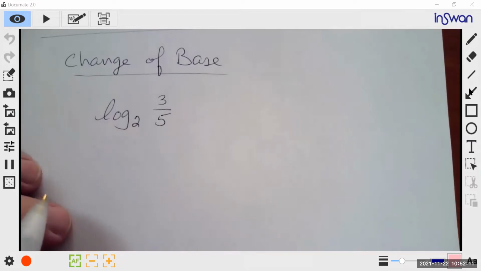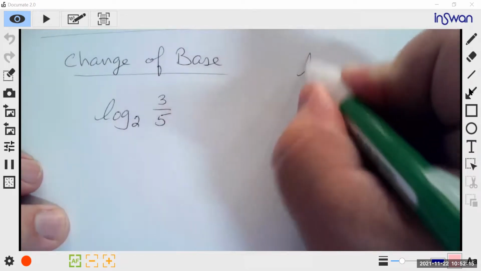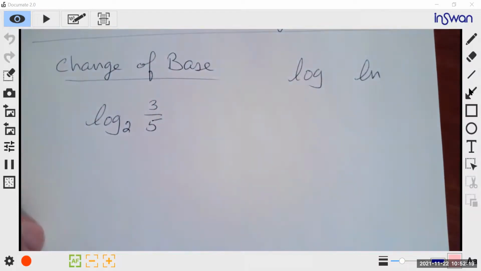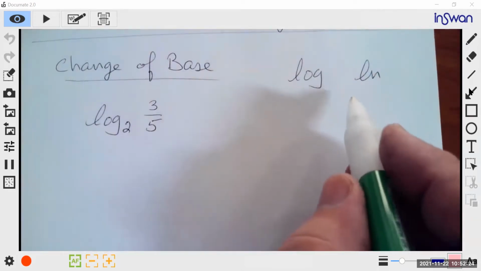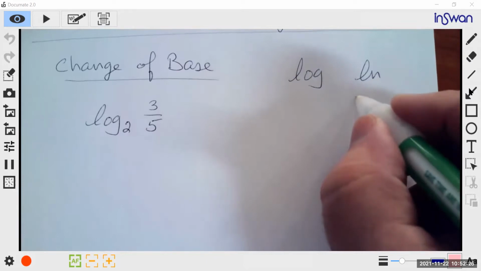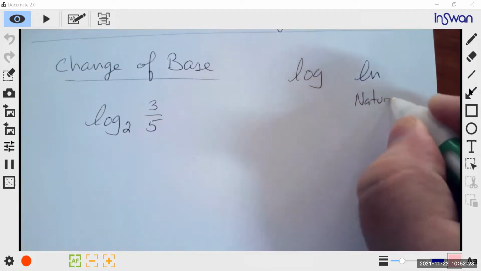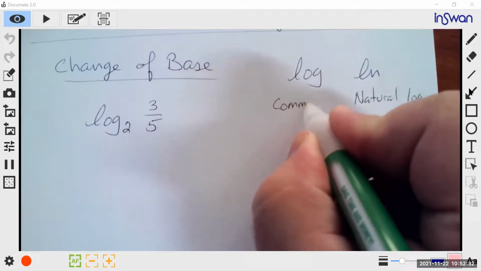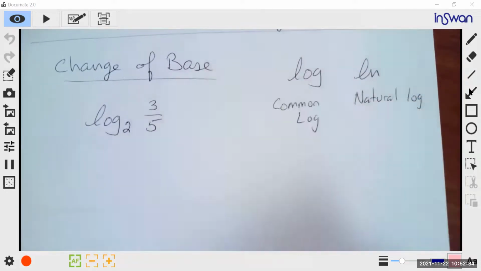Doesn't have a base 2 button. What you'll see on your calculator is usually these two. It's ln, yeah. This is called a natural log. This is called a common log.